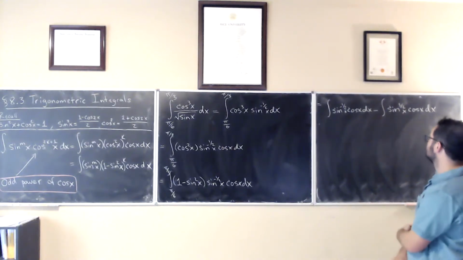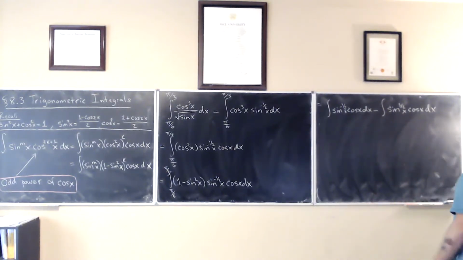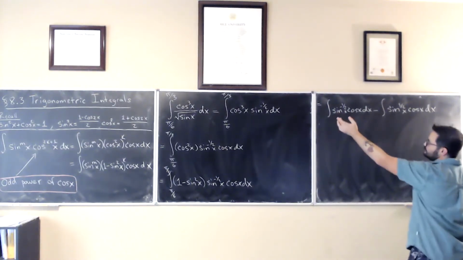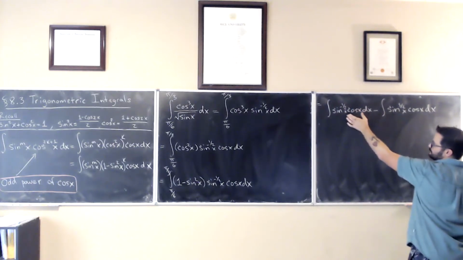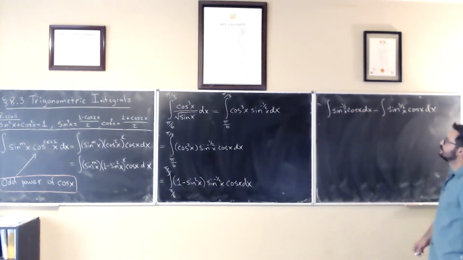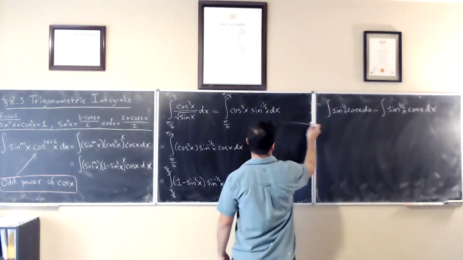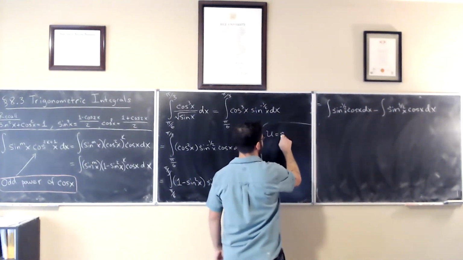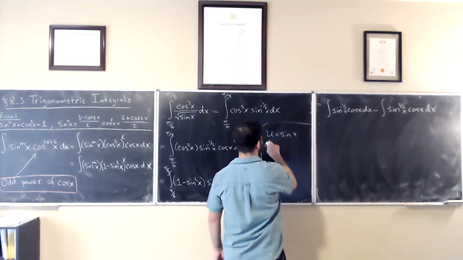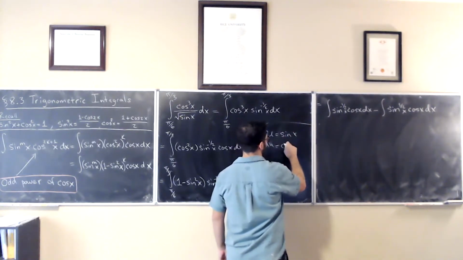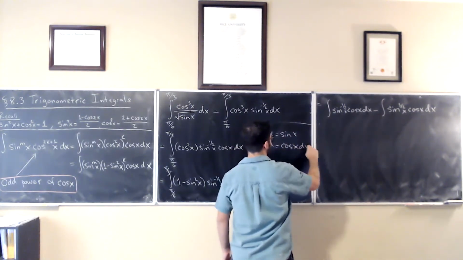Okay. So, and now we have that, if we let u be sine x, and then du is cosine dx, right? You can see that hopefully that if you just say u is sine x, then du is equal to cosine x dx.